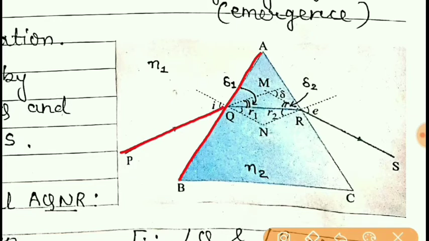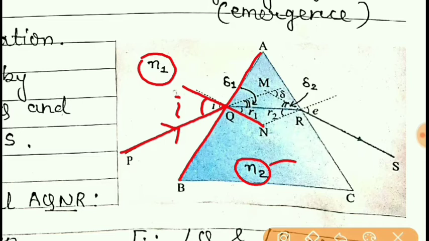It is incident at point Q, and so a normal to the surface is drawn here, and the angle made by this incident ray with the normal is the incident angle I. Now here this medium is N1 and this medium is N2.